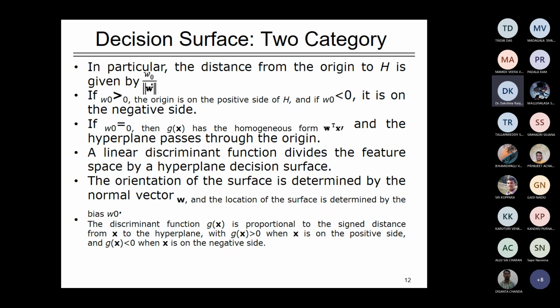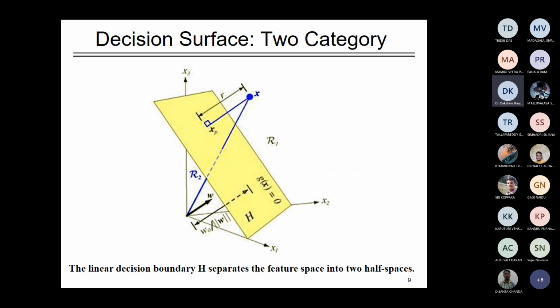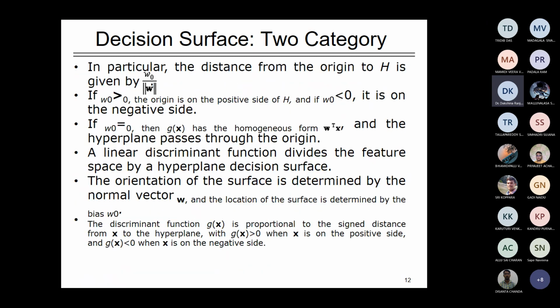As we can see from this geometric interpretation of the decision surface, whenever w0 is found to be greater than 0, then the origin will be on the positive side of the hyperplane, or if we get w0 less than 0, then it will be on the negative side. So from this established convention, we can get the position of the origin with respect to the hyperplane.